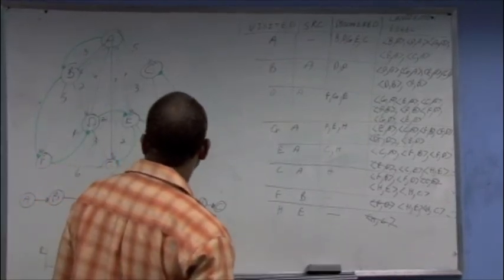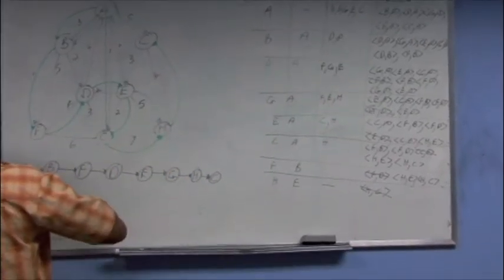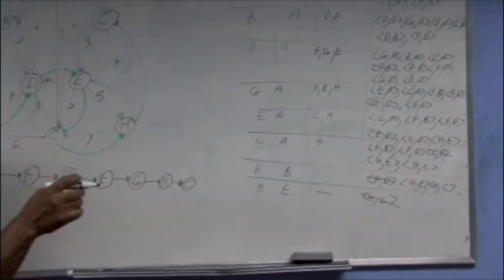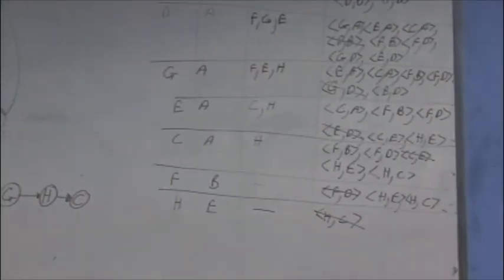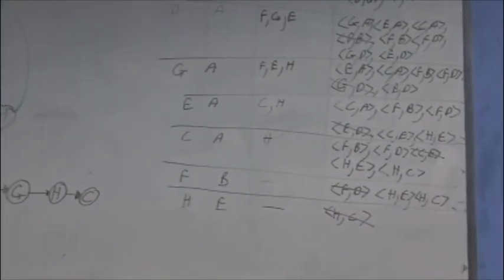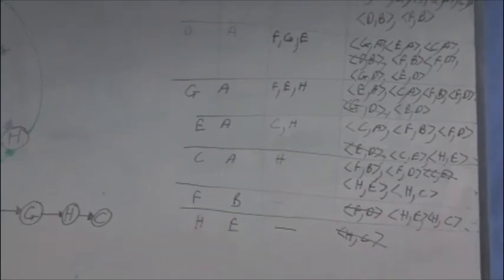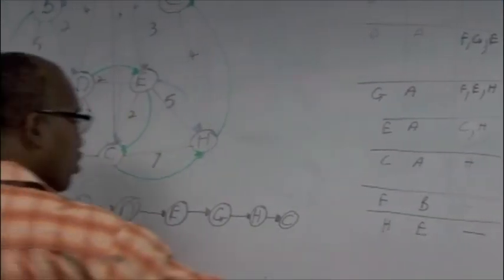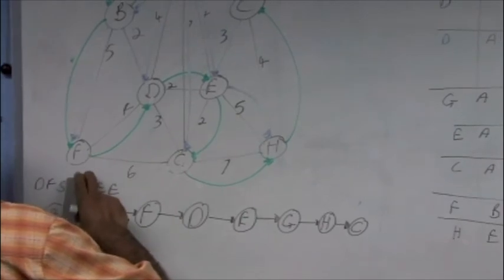Now, this would be the depth first search tree for that graph. That's what we did before. We can also draw the breadth first search tree.